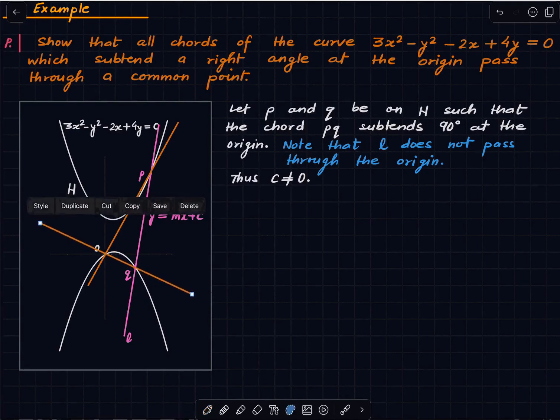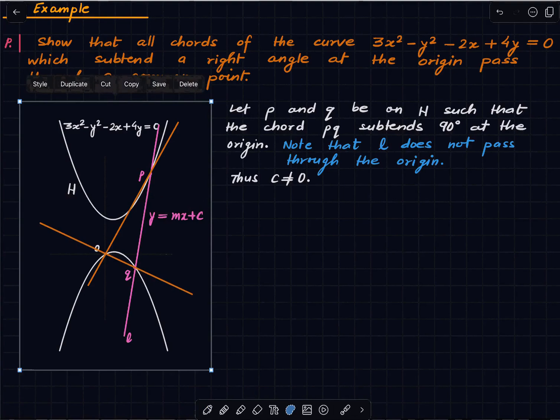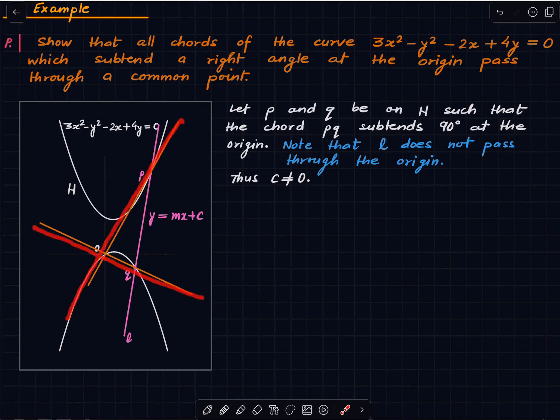Now, the fact that the chord PQ subtends an angle of 90 degrees at the origin is the same as saying that these 2 orange lines, this line and that line, are at an angle of 90 degrees. That's what it means to say that this chord subtends an angle of 90 degrees at the origin.